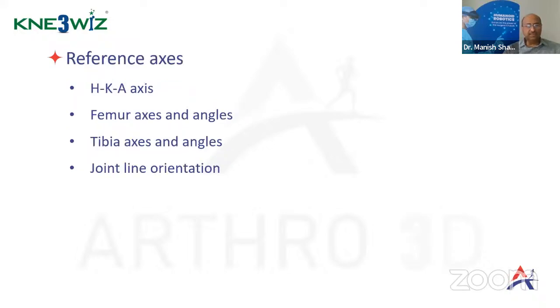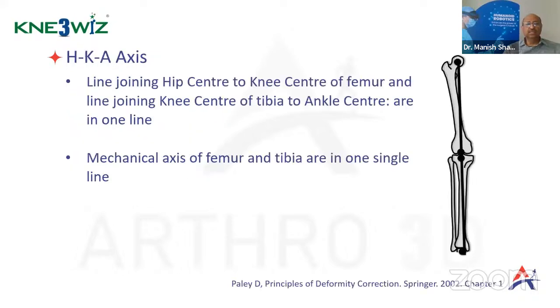The reference axis we're talking about is the hip-knee-ankle axis, the line joining the hip center to the knee center of the femur and the knee center of the tibia to the ankle center, and all are in one line. These form the mechanical axis of both femur and tibia.